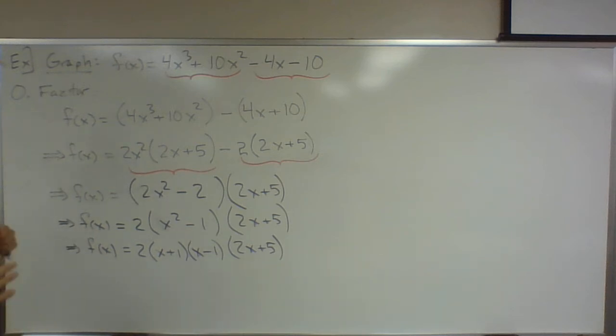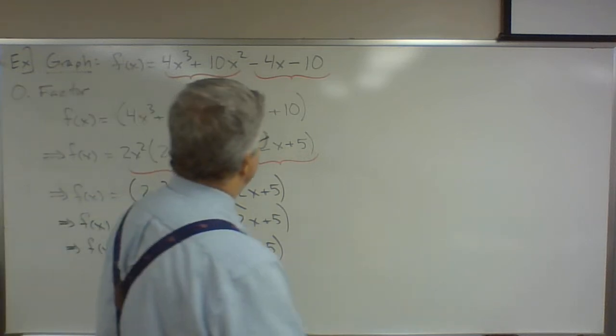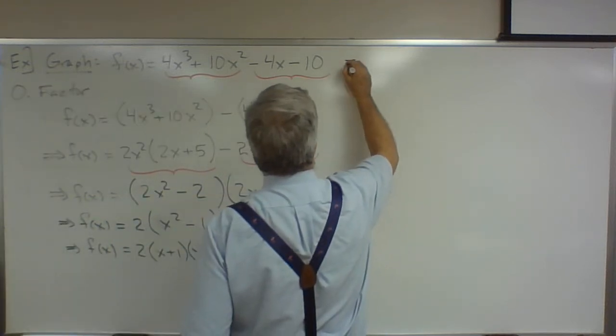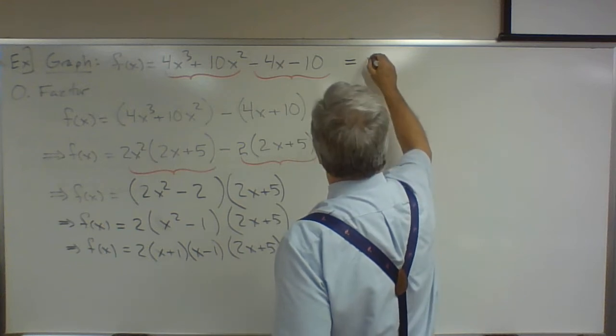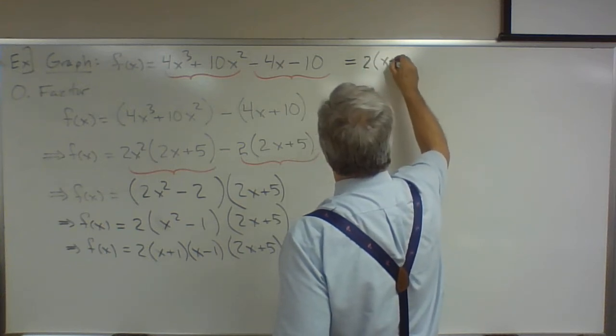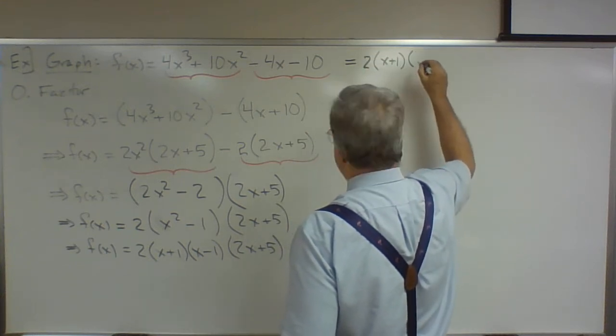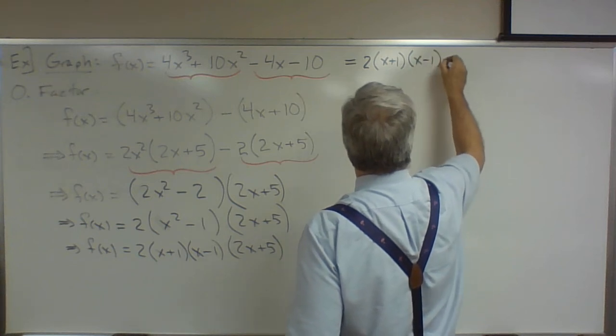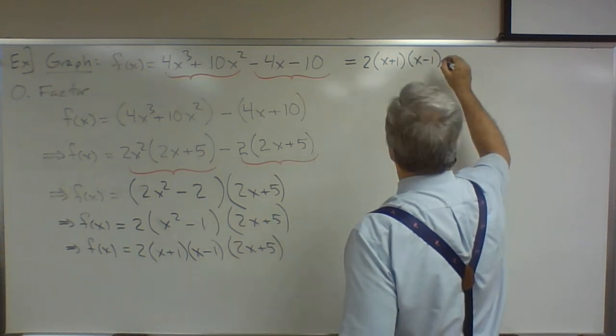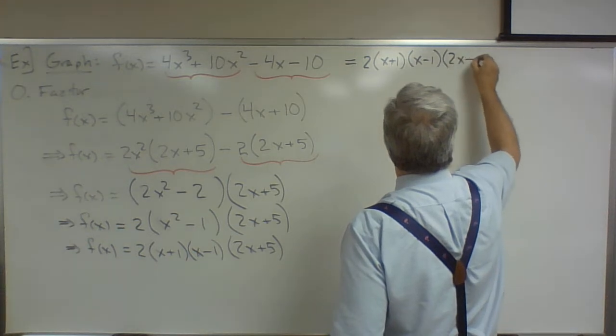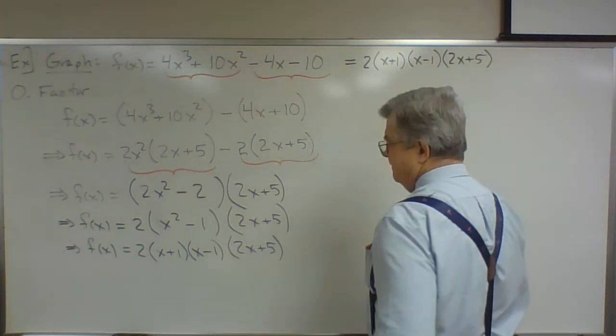Okay, now that is factored. And I will write this result up at the top. This is 2x plus 1, x minus 1, 2x plus 5.